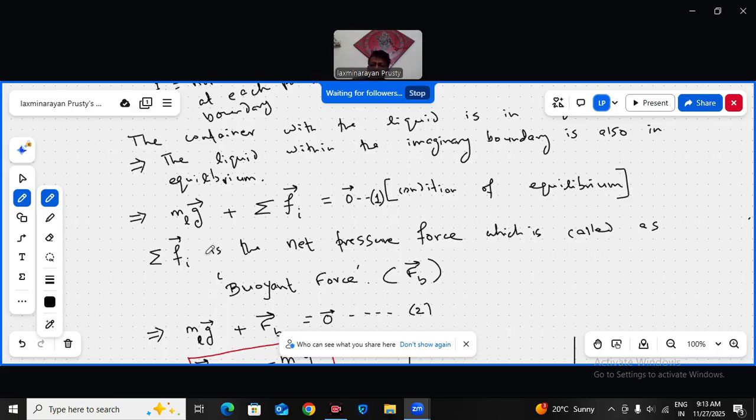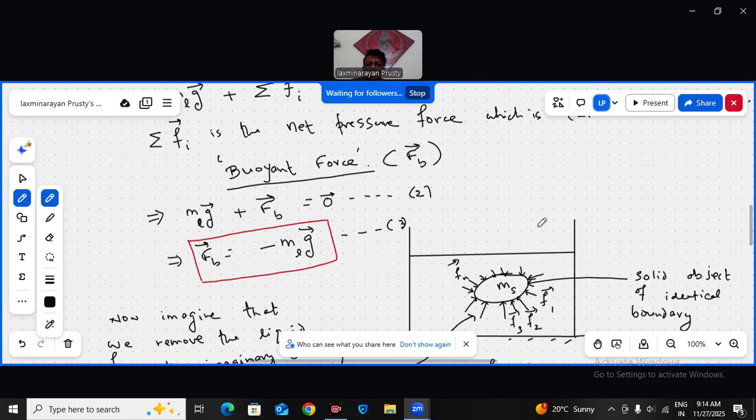So the sum of Fi, that is the net of pressure forces, is called the buoyant force, as I told you, Fb bar. So ml g bar plus Fb bar is null, is 0 in magnitude. So Fb bar is how much? Minus of ml g bar. This is a very important observation.